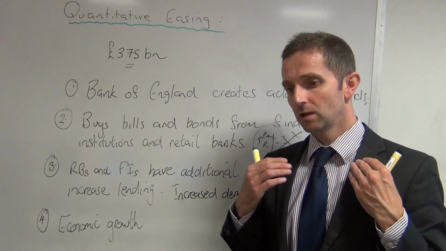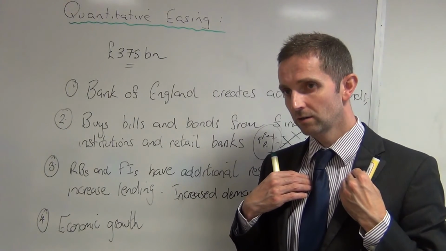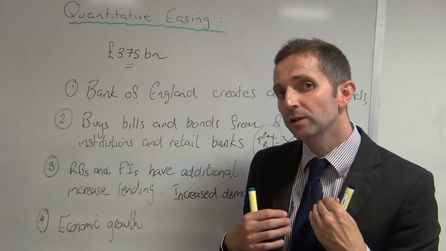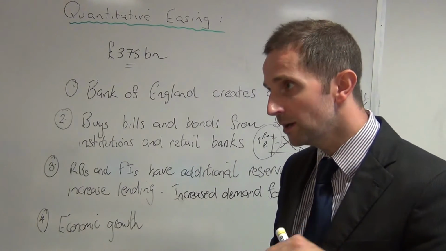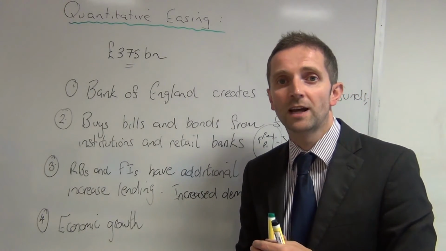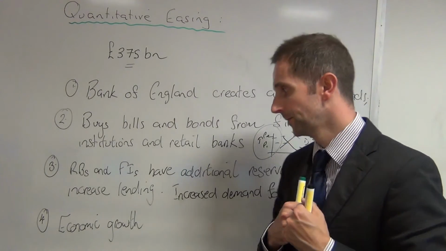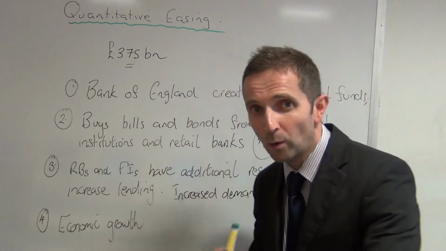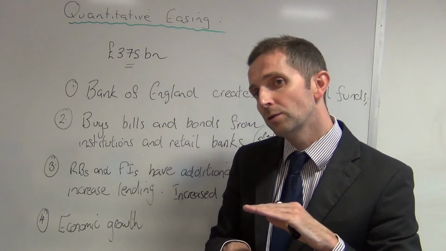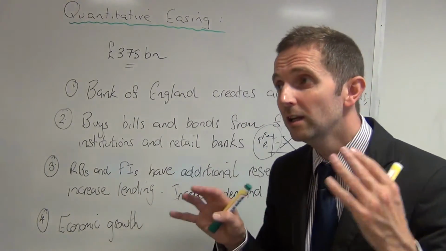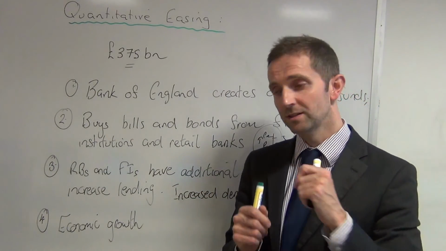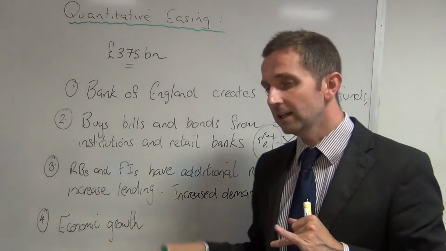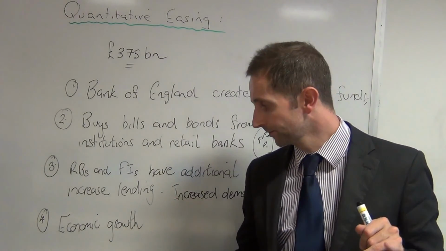And so the companies indirectly would again have more loanable funds accessible to them because of this increased investment in the stock market. So you get increased lending purely from banks in the normal way, but also you get an increase in the amount of loanable funds available via the increased investment in the stock market. Now, as a consequence of all of that, that should then lead to economic growth in the economy.